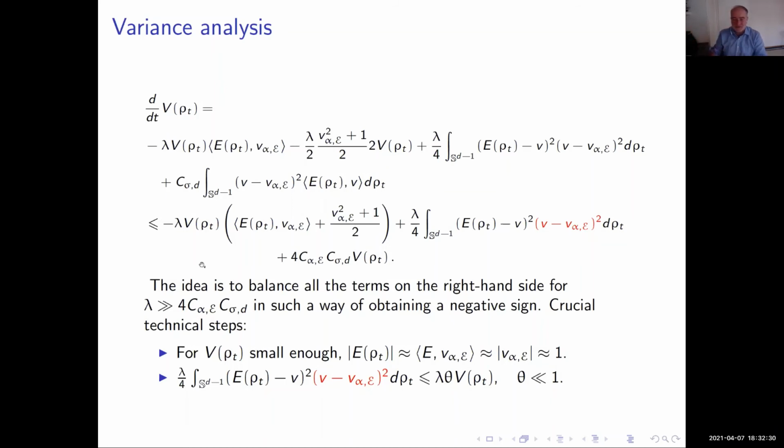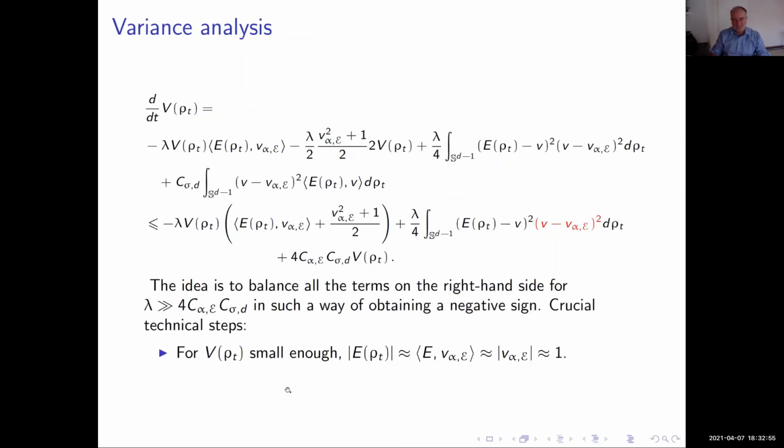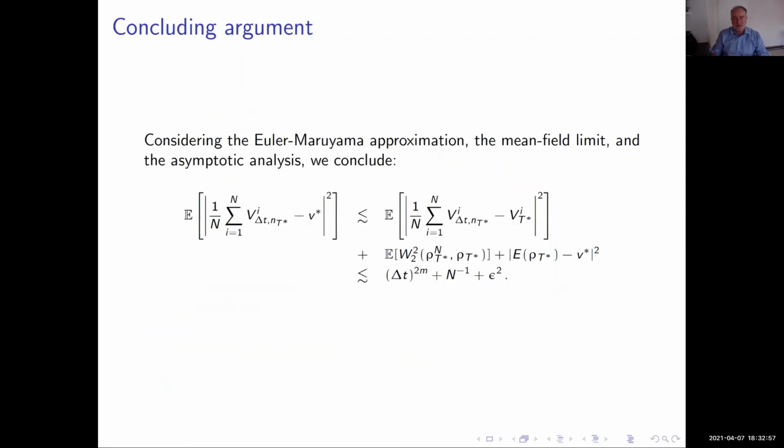And for that reason, the total number that you can gain here is negative. Because of that, you can prove the exponential convergence of the variance to 0, which means that we can also prove the convergence of the expected value to the global minimizer. This is the way eventually one concludes.